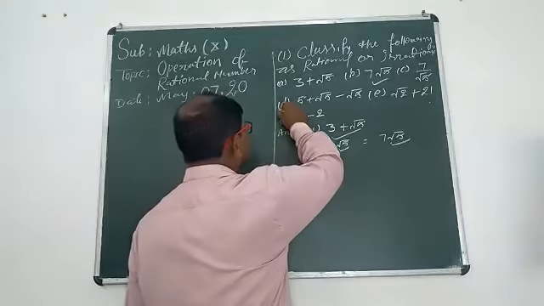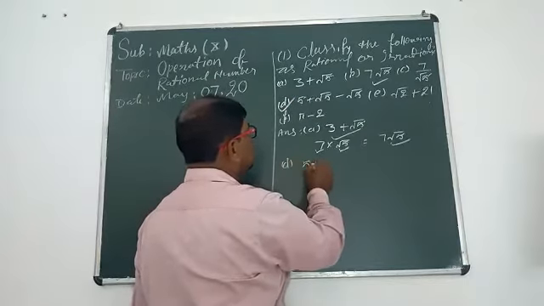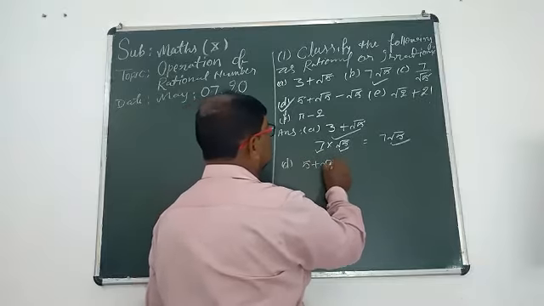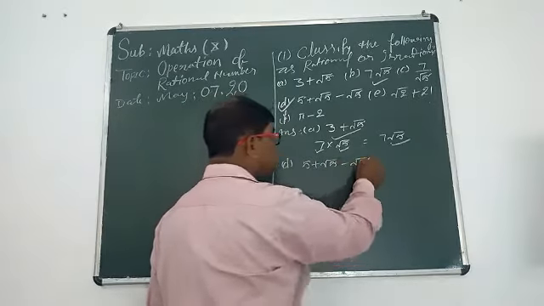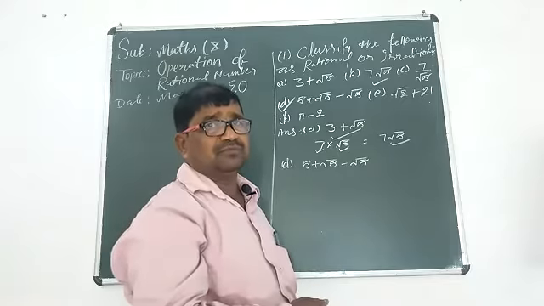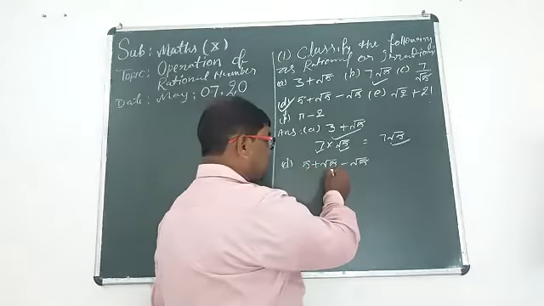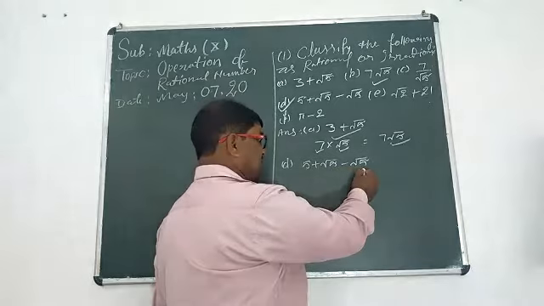Similarly, students, think about D: 5 plus under root 5 minus under root 5. Now we can simplify. This is rational, this is irrational, this is irrational.